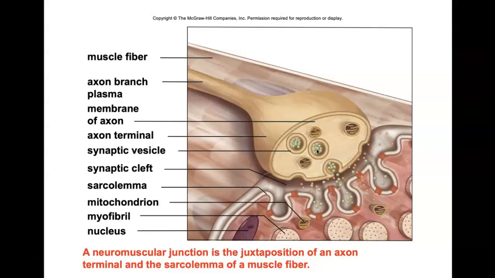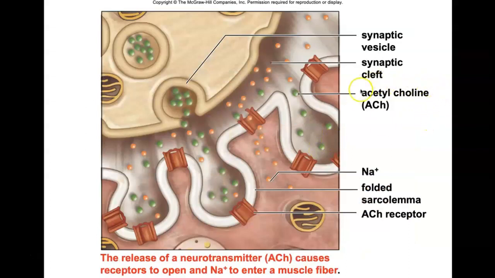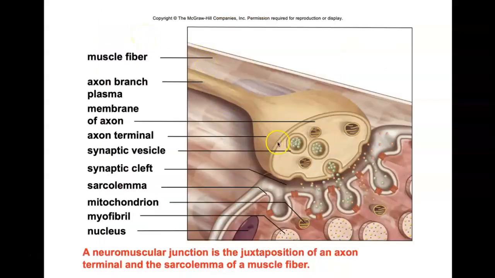The neurotransmitter that we need to know is acetylcholine. Acetylcholine is stored inside the vesicles of the axon terminal of the neuron, and these vesicles release the acetylcholine by exocytosis, which you learned in chapter 5.